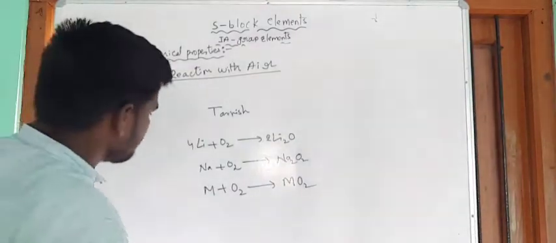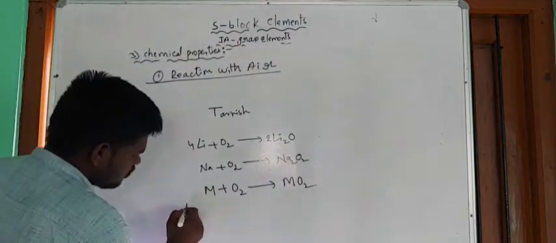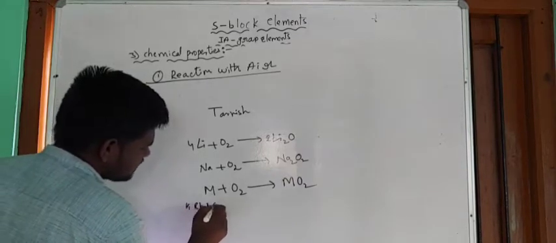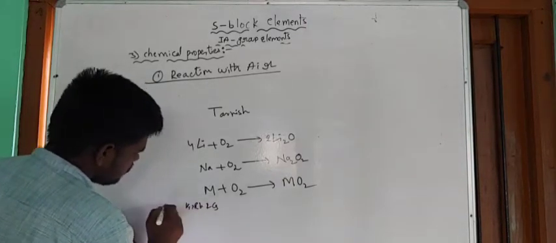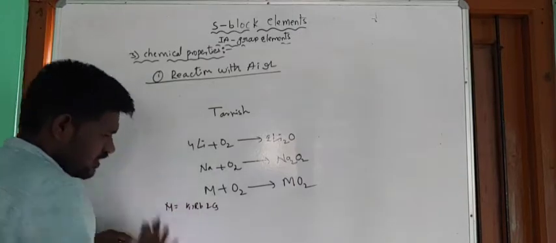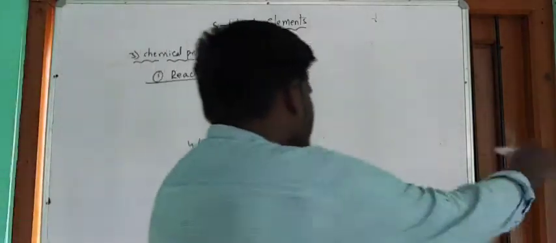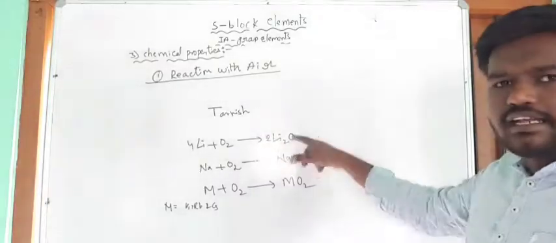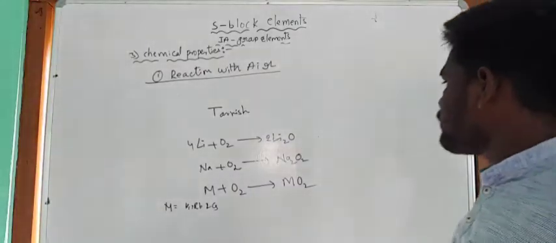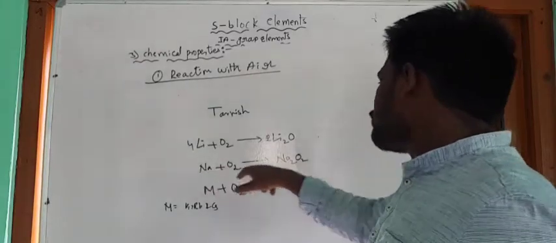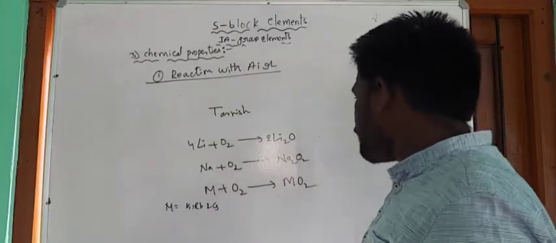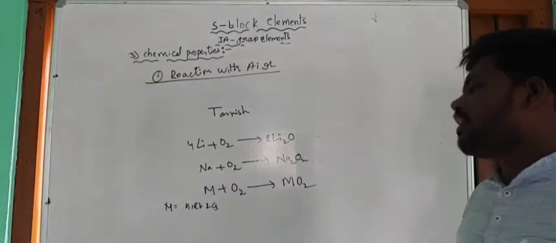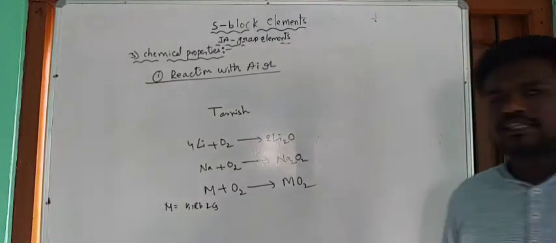Here M means potassium, rubidium and cesium. So lithium always gives oxide, lithium oxide. In most cases, sodium gives sodium peroxide and the remaining metals give superoxides when they are treated with oxygen.